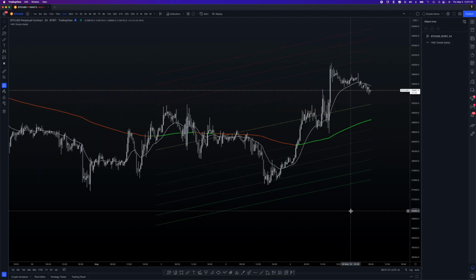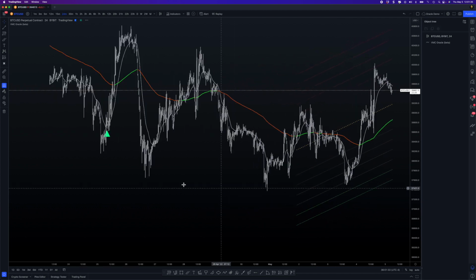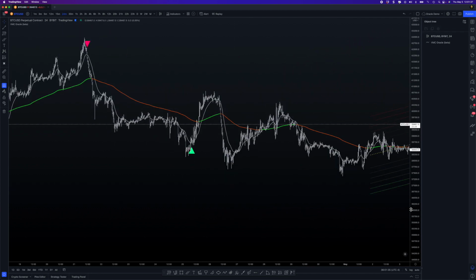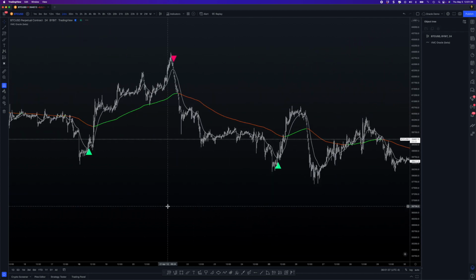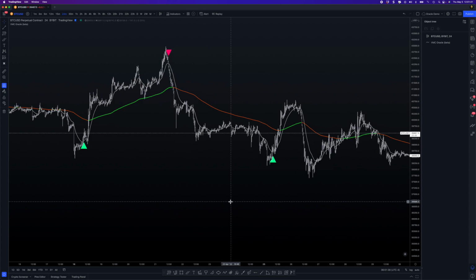Essentially, the way that this indicator works is it will print long and short signals that you can take as a trader. However, we never recommend anyone to simply look at a long or a short signal and take the trade.